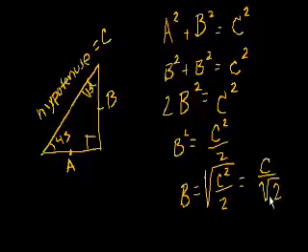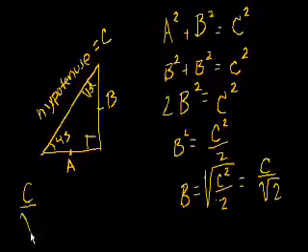Or in general, they don't like irrational numbers in the denominator. Irrational numbers are numbers that have decimal places that never repeat and never end. So the way that they get rid of irrational numbers in the denominator is that you do something called rationalizing a denominator. Let's take our example right now. If we had C over the square root of 2, we just multiply both the numerator and the denominator by the same number, right?